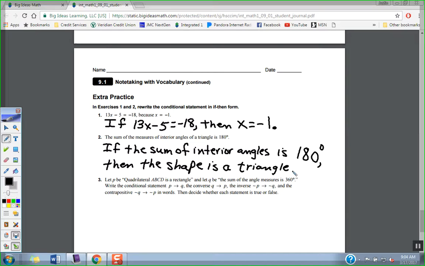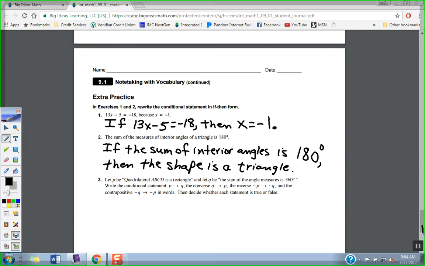Quadrilateral ABCD is a rectangle. So we have a figure that is a rectangle. It says let Q be what? The sum of the angles is 360 degrees. It says write the conditional statement, the converse, the inverse, and the contrapositive in words, and then decide whether each statement is true or false, okay?